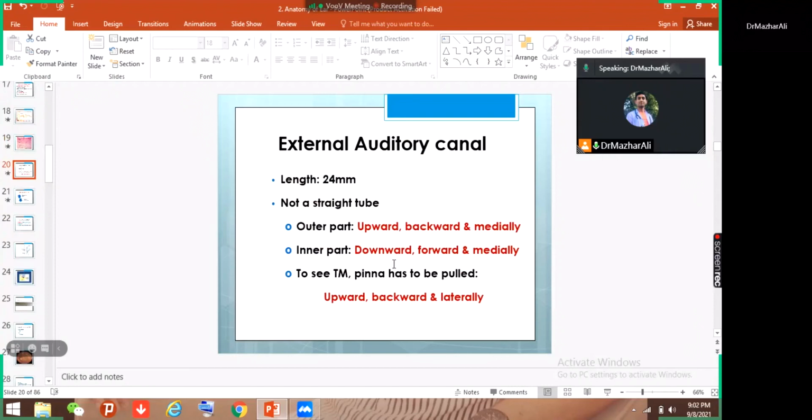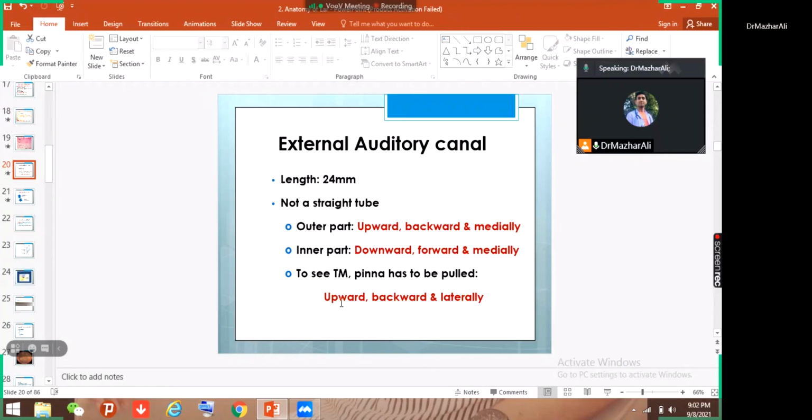If you want to see the tympanic membrane of a patient in the ENT department, for example a patient with external ear infection, otitis externa, what do you do?